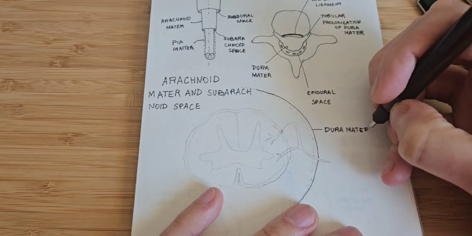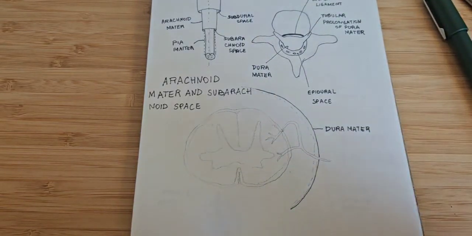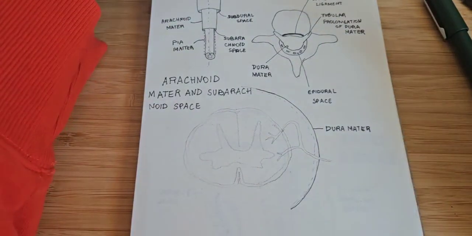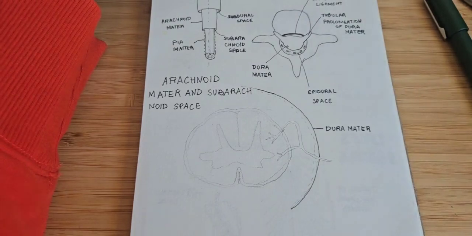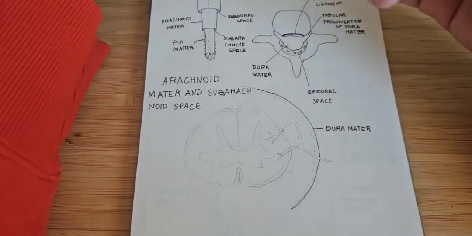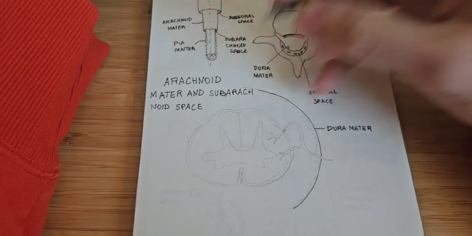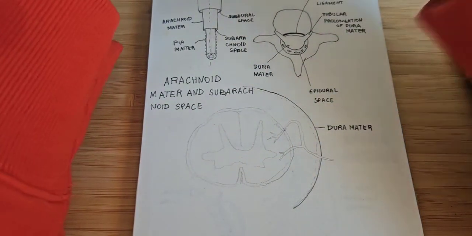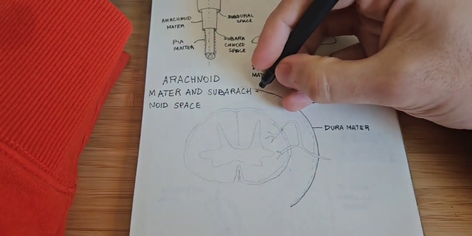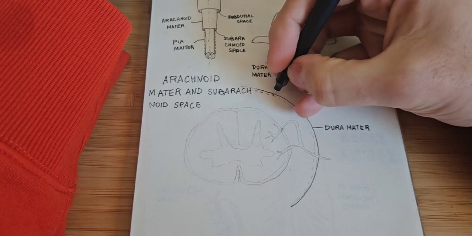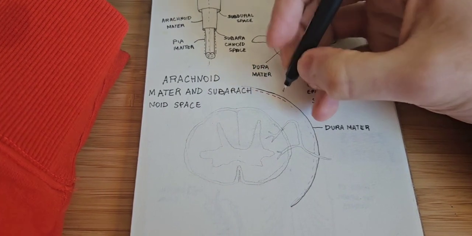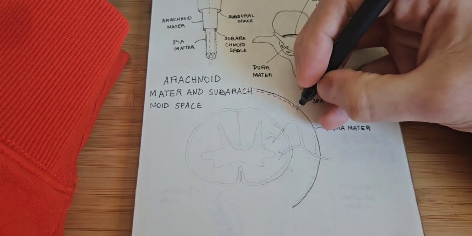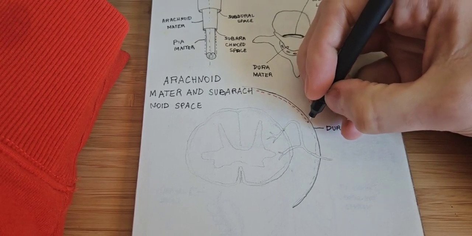Okay, then what else? Let me close the cap. We have this other structure here, for which I will use the red pen, which will be even better for you to visualize these dotted lines running parallel to the dura mater.